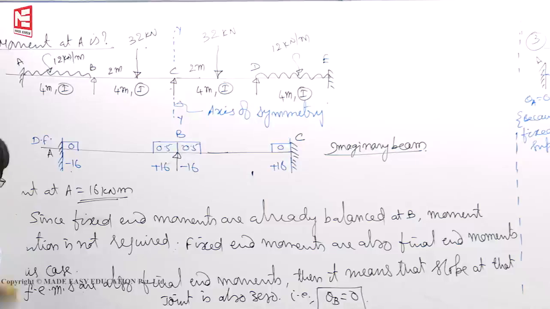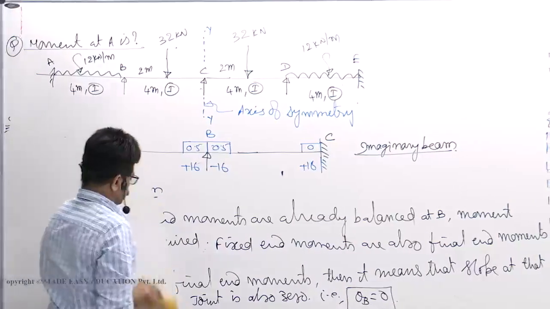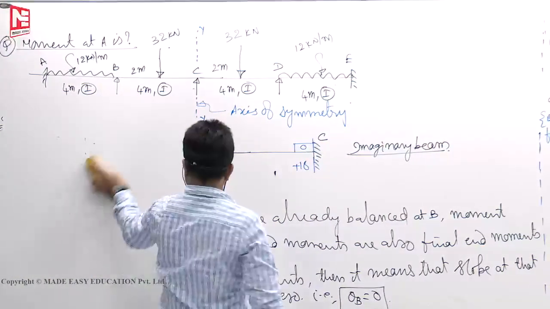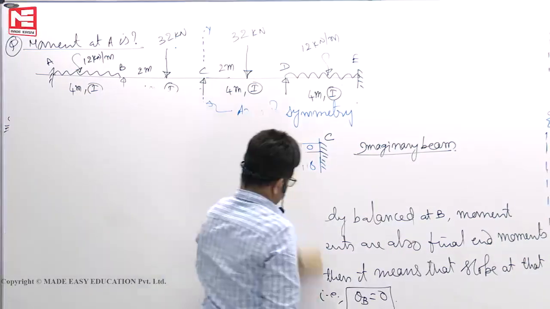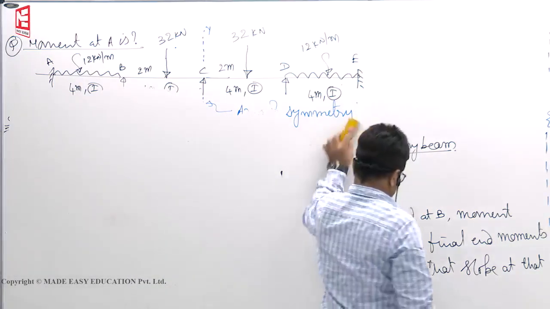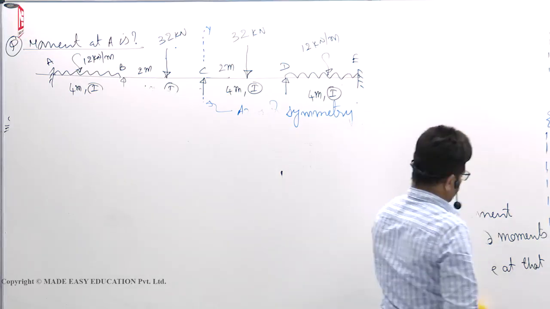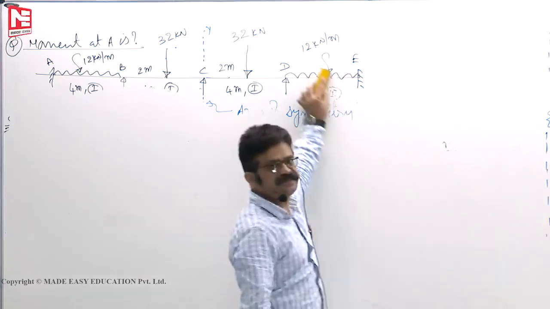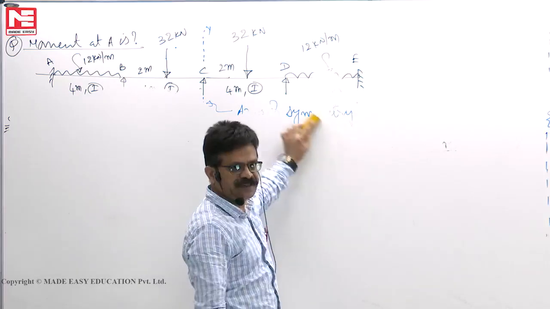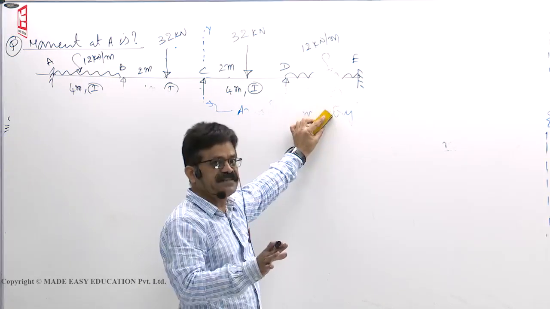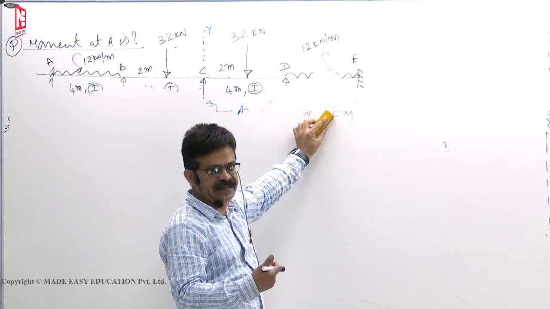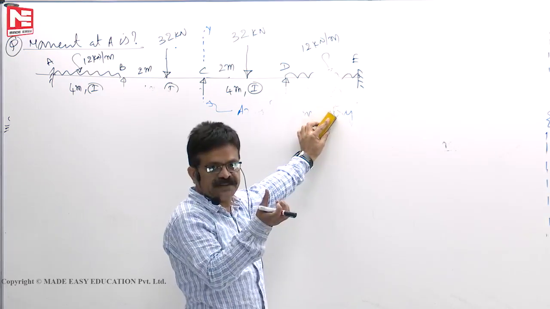Moment at B. So now I think you have got that clarity. Fixed end moment is different. Final end moment is different. Final end moment means after it is completely in equilibrium, the moments that it takes after the joints rotate.